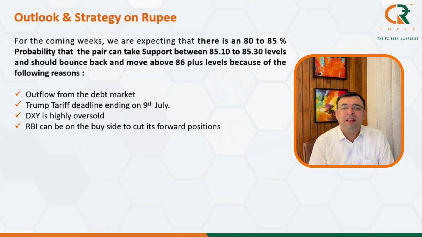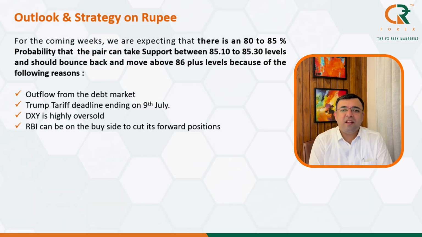And lastly, as we have discussed in today's video, RBI might come and buy near 85 to reduce its short position. Because of all these reasons, we are expecting that 85.10 to 85.30 will act as a strong support, and the pair can bounce back above 86 levels in coming days.